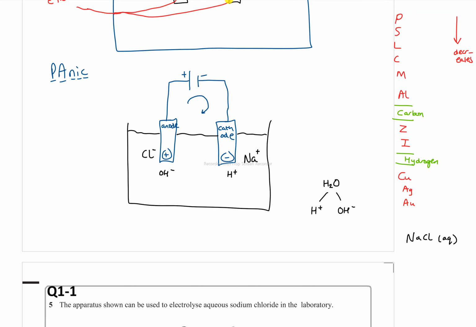Now what we do is we add this. Potassium. Remember, these are metals, metal reactivity series. Sodium, lithium, calcium, magnesium, and it's aluminium.